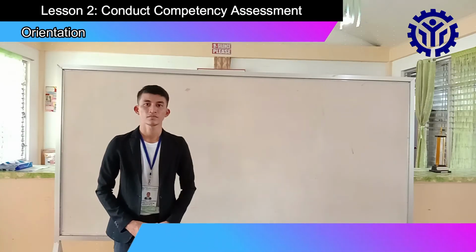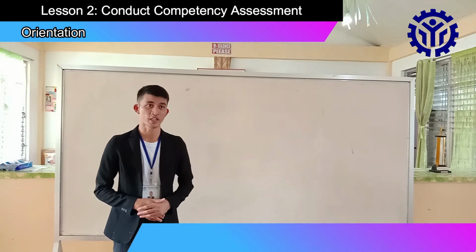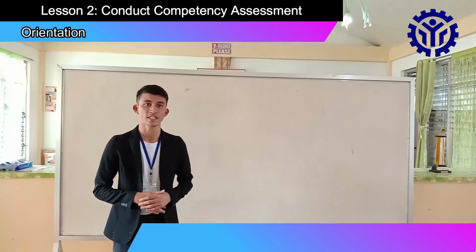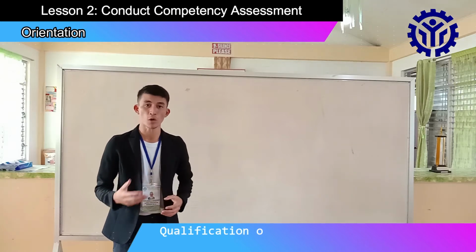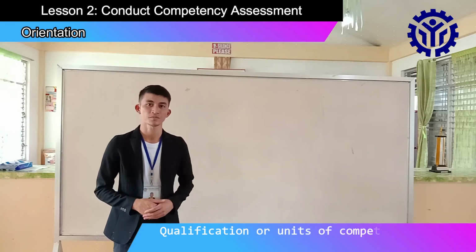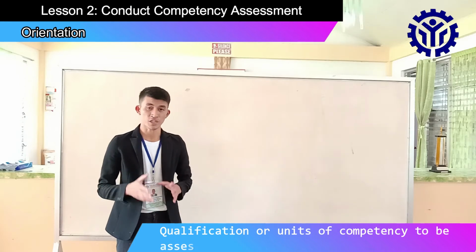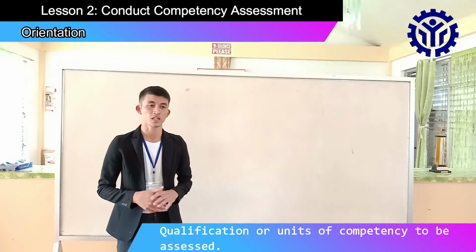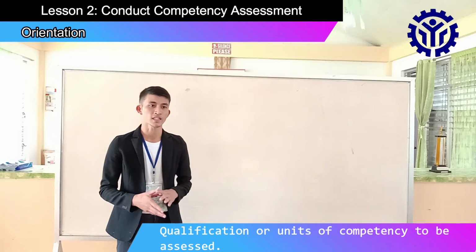Qualifications or units of competency to be assessed. Today, I am going to administer competency assessment for EIM in situ. The qualification for EIM in situ is composed of basic, common, and core competency. For our core competencies, we have: first, perform roughing-in activities, wiring and cabling works for single-phase distribution, power and lighting, and auxiliary system.